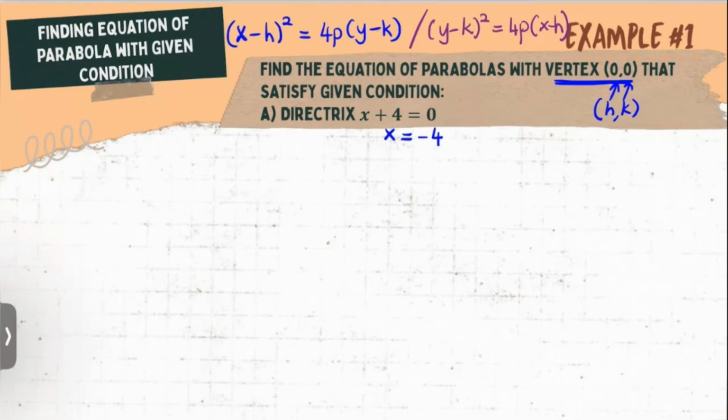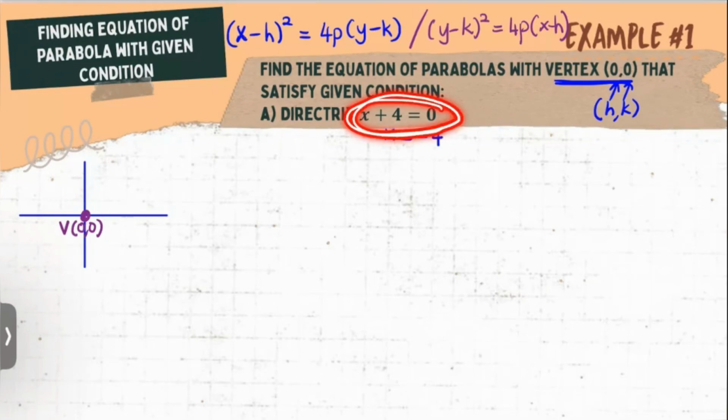So sini adalah kita punya 0, 0 origin. So this is my vertex. And then kita ada line x plus 4 equals to 0 ataupun dia adalah x equals to negative 4. So ini adalah line x equals to negative 4.